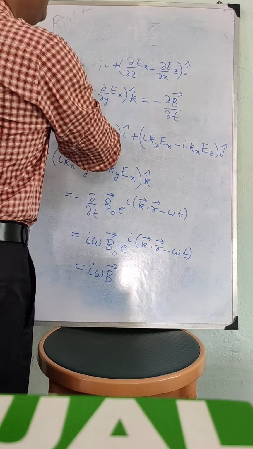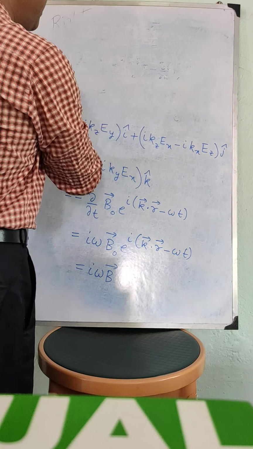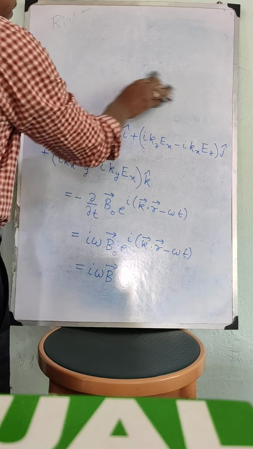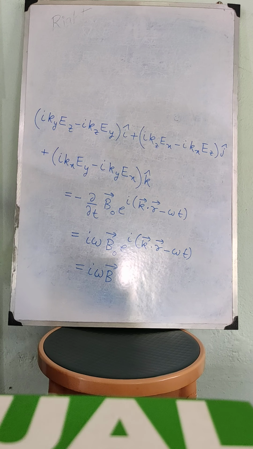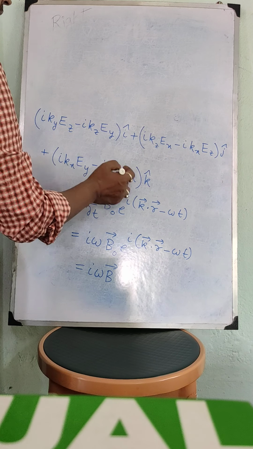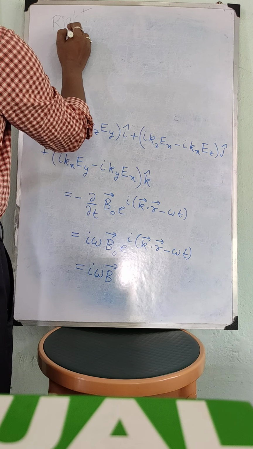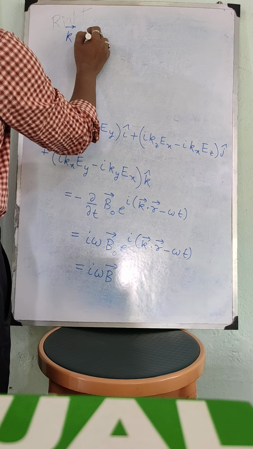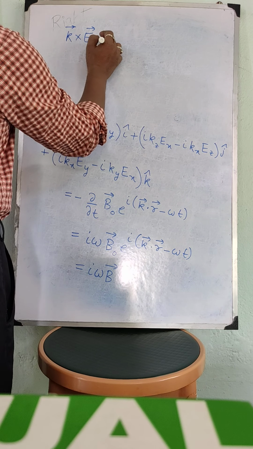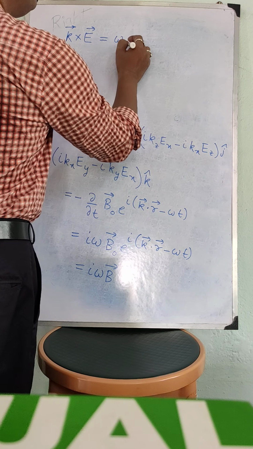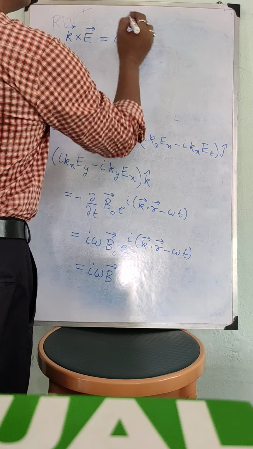So the left hand side, this term plus this term plus this term, is nothing but k cross e vector, and that is equal to omega into B vector.